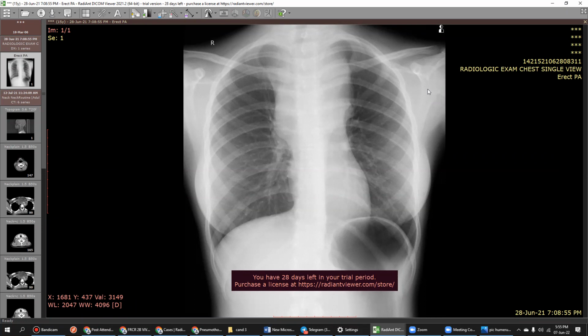No obvious calcification, no cavitations here. Rest of the lung fields grossly appear unremarkable, no pleural effusion. I'm looking at the bones to see any evidence of a lytic destructive lesion, which I'm unable to appreciate.